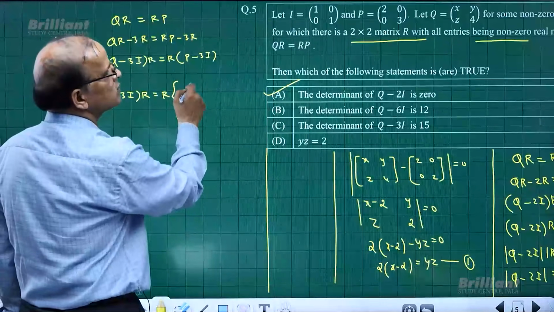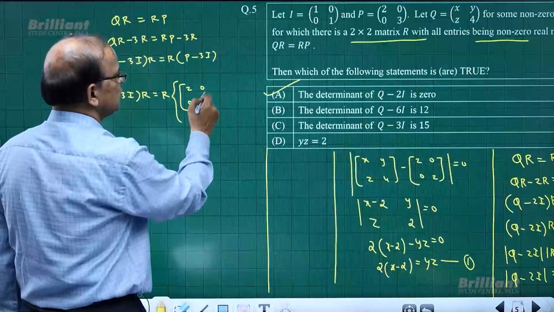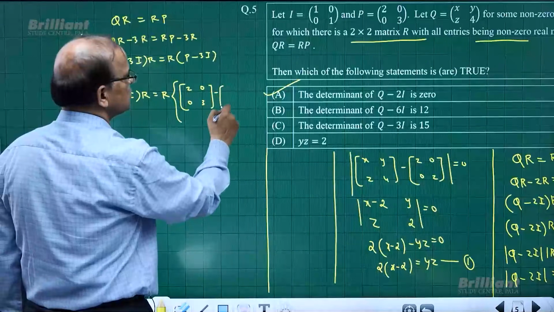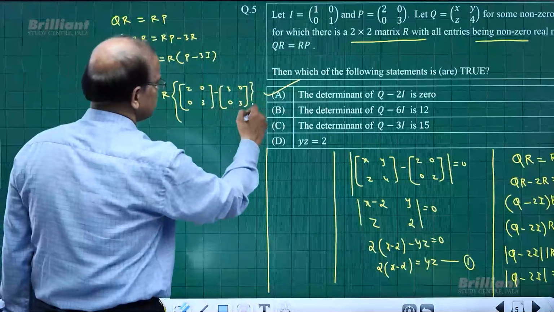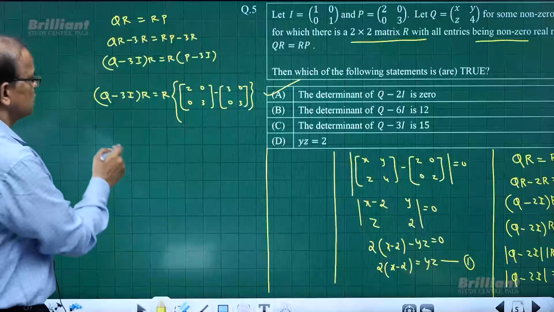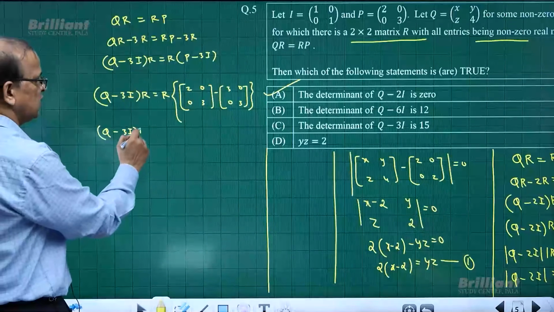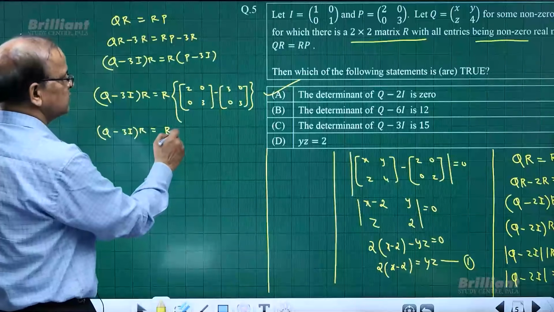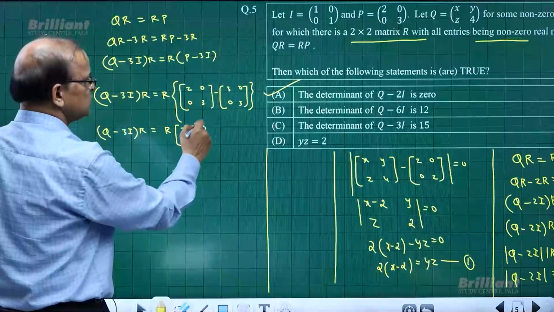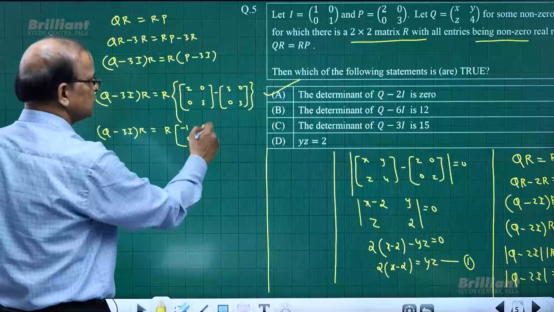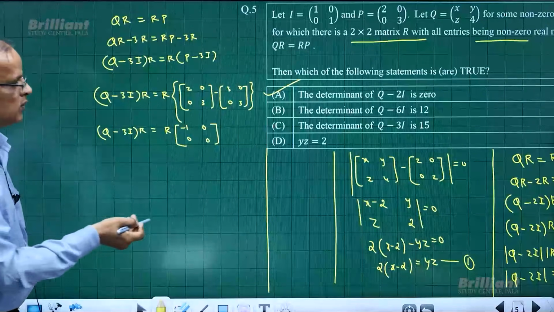So the P matrix is what? 2, 0, 0, 3 minus 3, 0, 0, 3. Yes. So Q minus 3I times R is equal to R times this matrix: minus 1, 0, 0, 0. Now we will take the determinant on both sides.